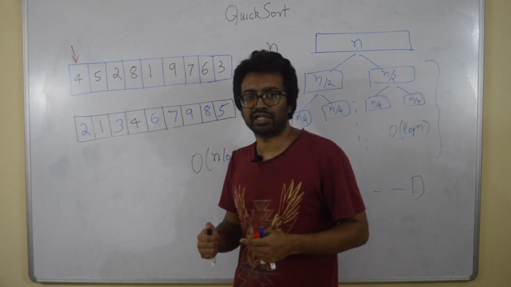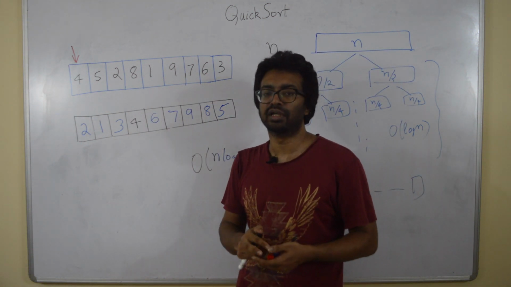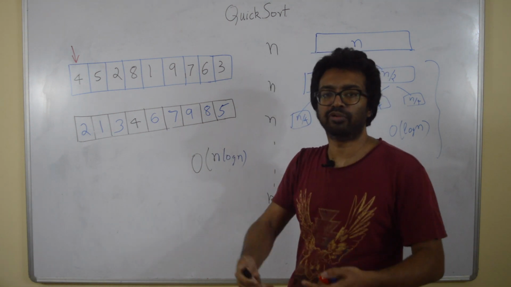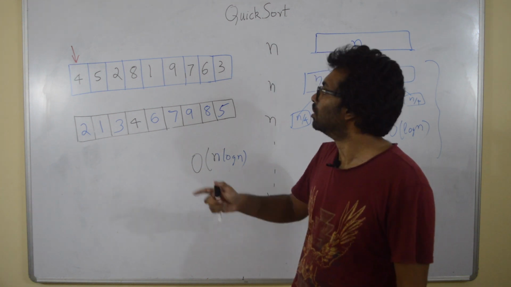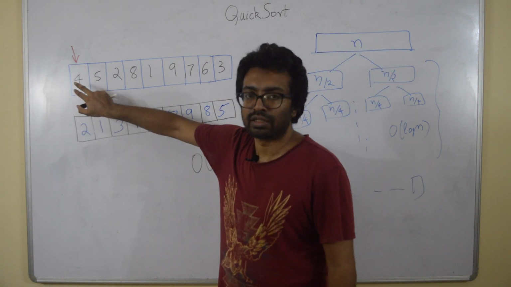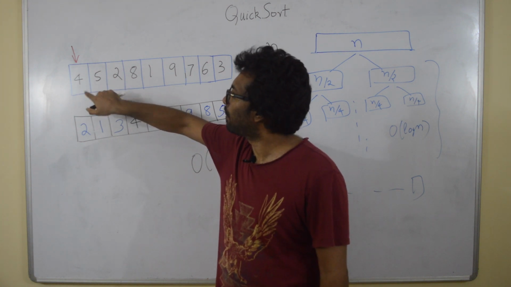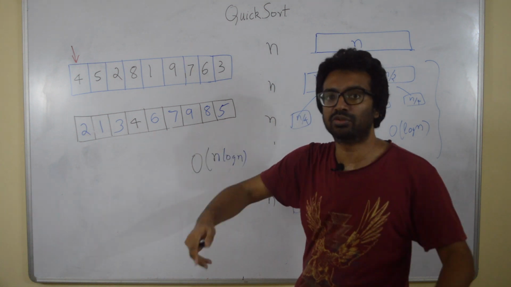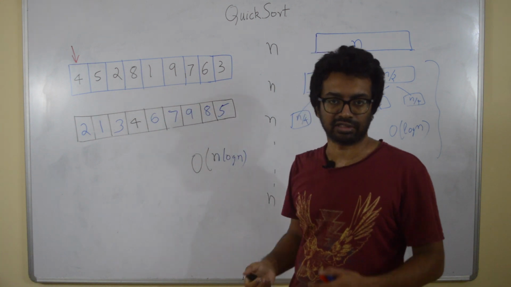In an average case analysis, any input is possible, and you go through any input and calculate how much time it's going to take. So let's say you randomly choose the pivot. The pivot is randomly chosen from all these elements.